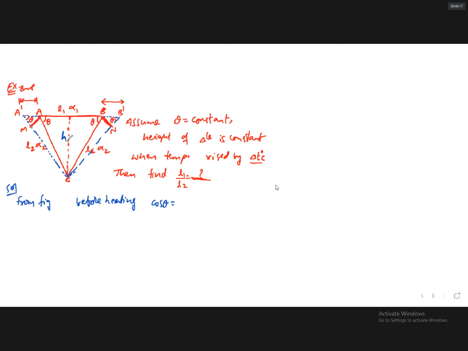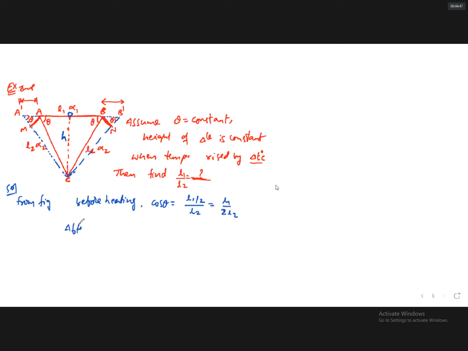The median is of height h, and the height of the triangle doesn't change here. CD is the median height, and that CD height doesn't change. Therefore, cos theta is L1 by 2 divided by the hypotenuse L2 for this CBD triangle. Before heating, we get L1 by 2L2.